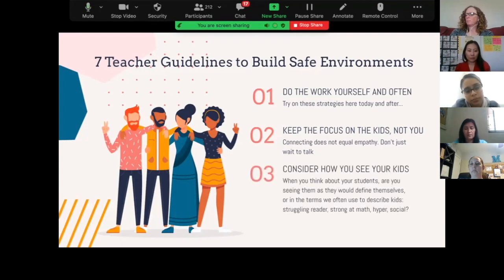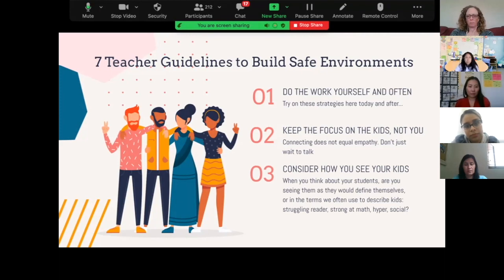And then the third one is consider how you see your kids. When you think about your students, are you seeing them how they see themselves or how you define them? What are the ways that we define our students? Oh, that one is a struggling reader. This student is really strong at math.